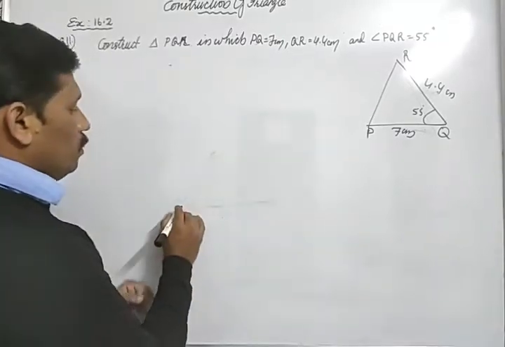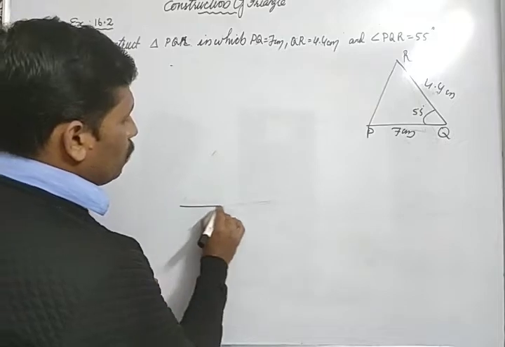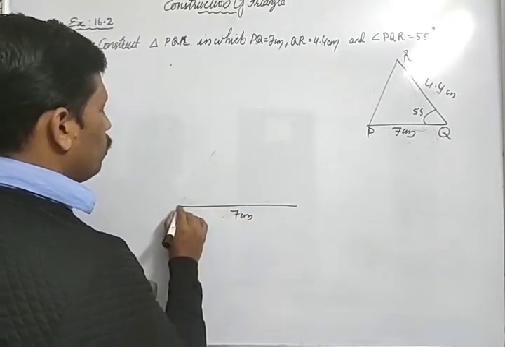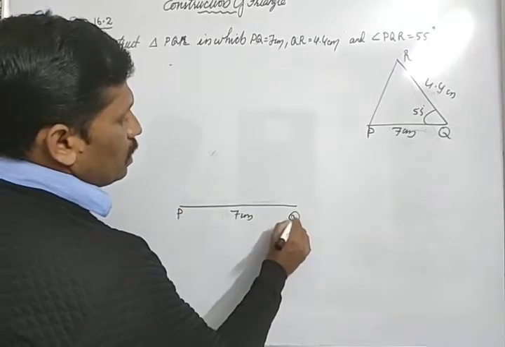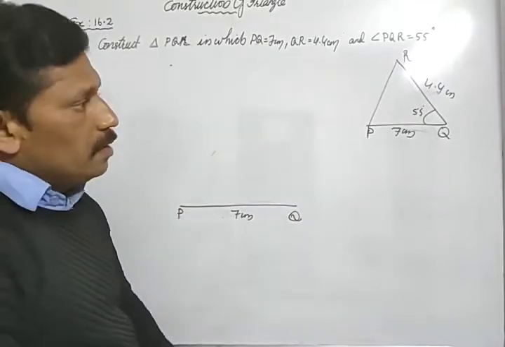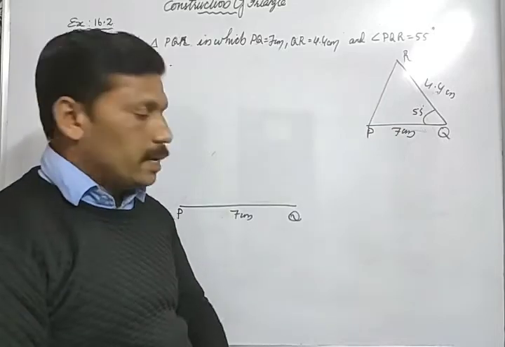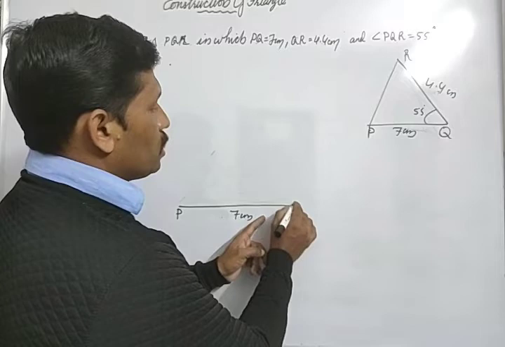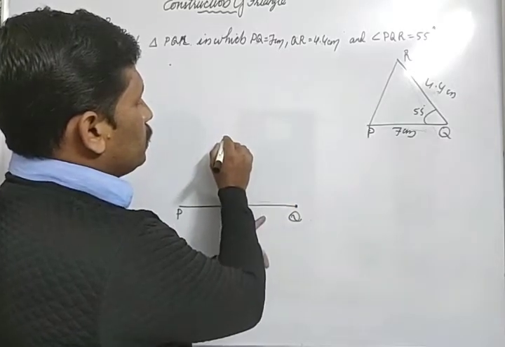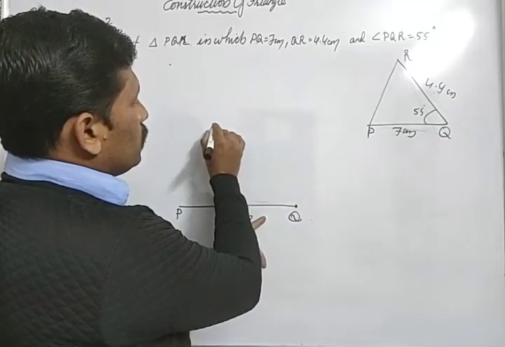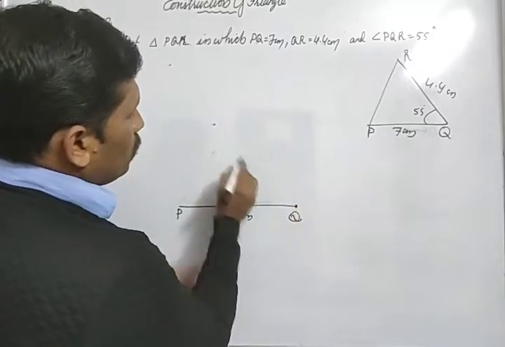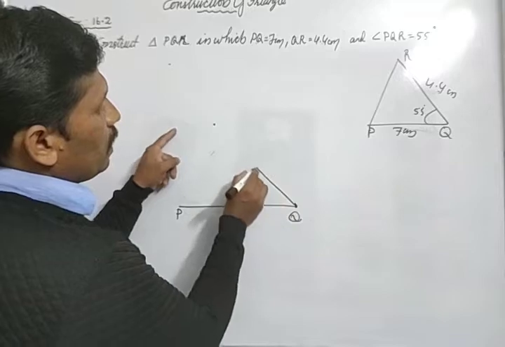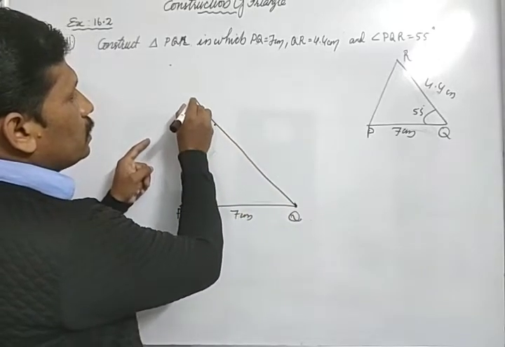First of all, using scale we make line PQ of 7 centimeter, and afterwards we make the angle 55 degree. Keep the protractor at this point and measure 55 degree. It will be around here, and 55 degree you make, and then join this line and make a long line here.